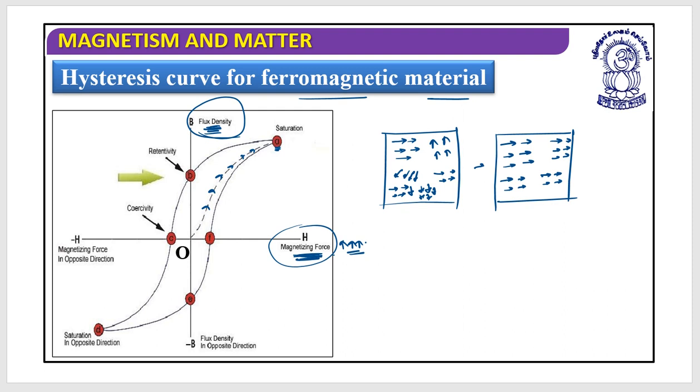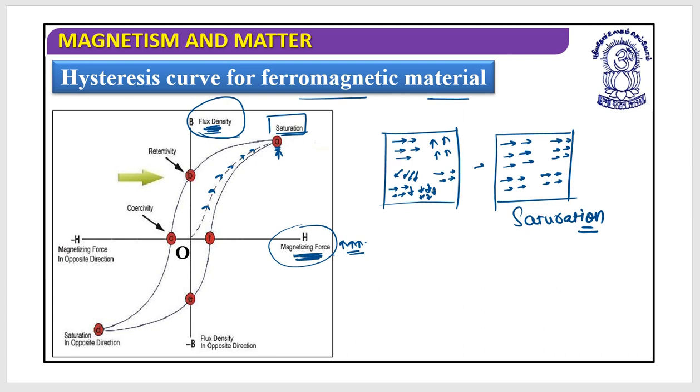So this is the saturation location, where all the domains have arranged themselves in the direction of the magnetic field and no more domains can be aligned. This is the saturation beyond which no domains will align in the direction of the magnetic field.